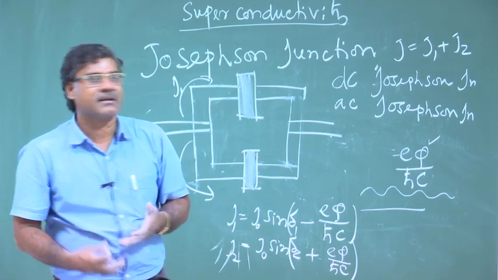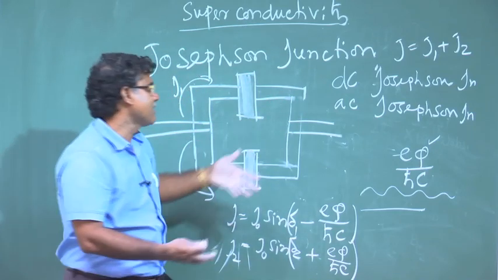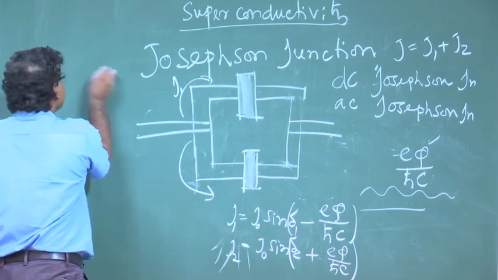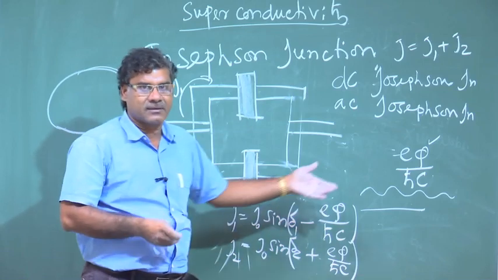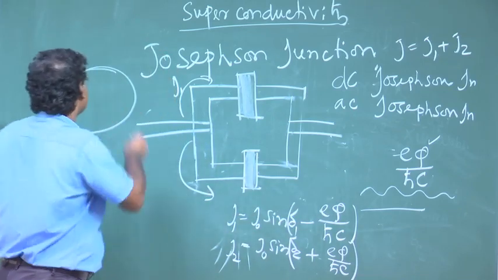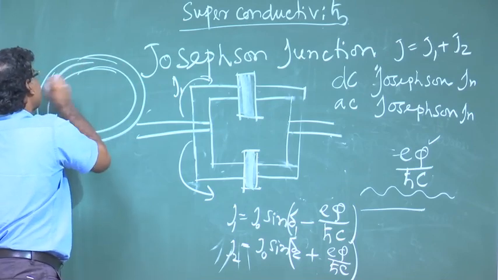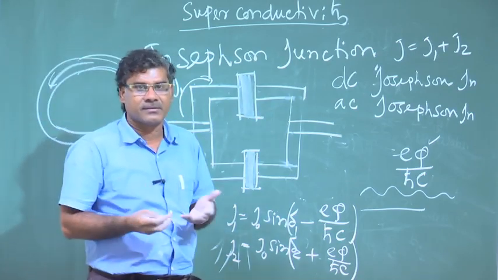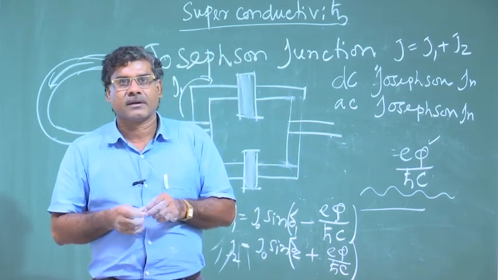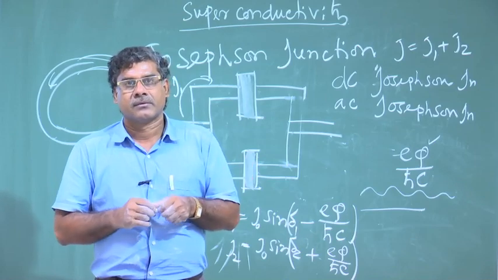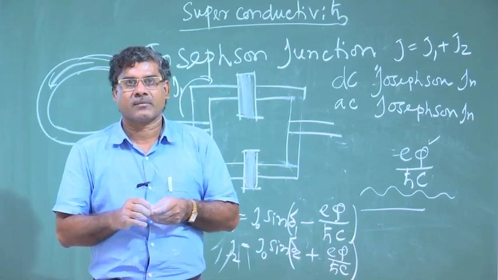Now, magnetic field is produced from current: if you take a solenoid or ring of type 2 superconductor and pass current through it, you get current in a ring or solenoid, and it will give you magnetic field. That is the normal procedure.